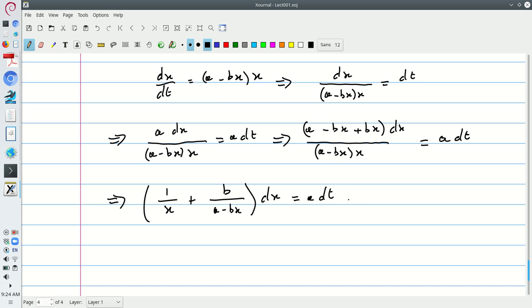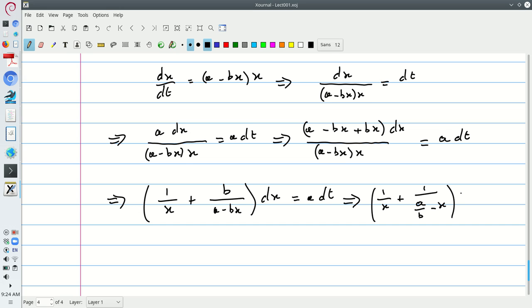Now what I'm going to do is just to make this expression look a little prettier, so that I can really integrate without making any mistakes. So I divide both terms of this fraction where the term b appears by b, both numerator and denominator, so that I get something that looks like this: 1 divided by a divided by b minus x.